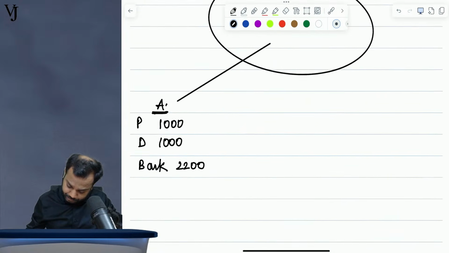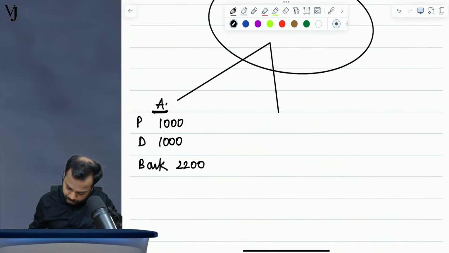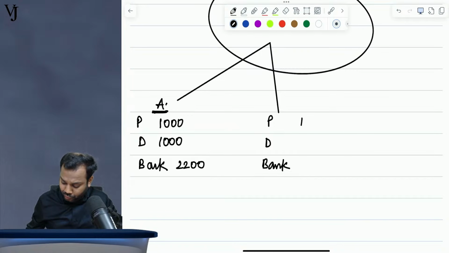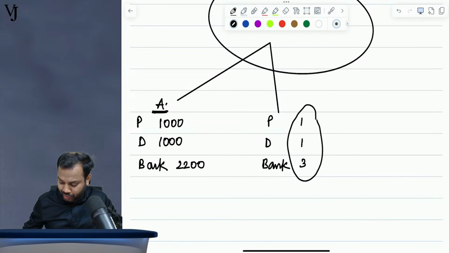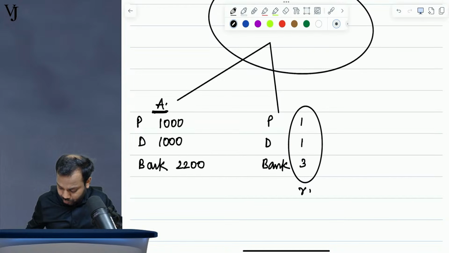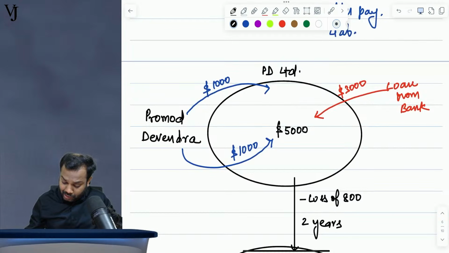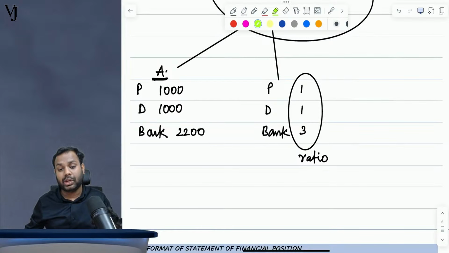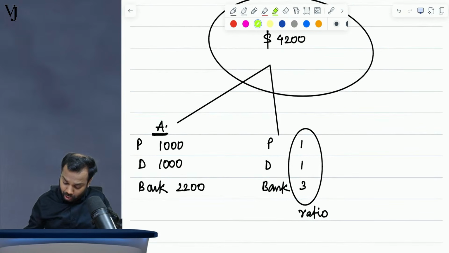Or option B: Pramod, Devendra and the bank will take in the ratio of 1:1:3, because in this ratio they initially brought in the funds.